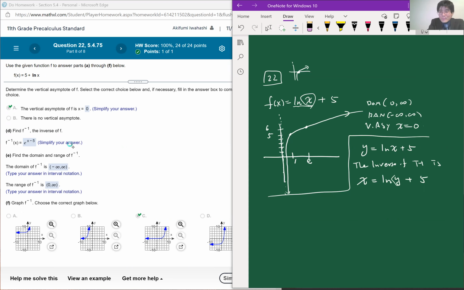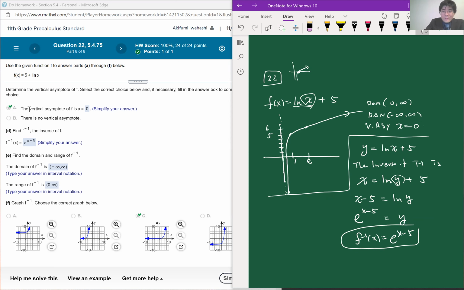You are going to solve for y. Bring 5 to the other side of the equation: x minus 5 is equal to ln y. Put both sides of the equation on top of e. So it's going to be e to the x minus 5 is equal to e to the ln y, which is y. So the inverse function's output is this. So the inverse function looks like this.